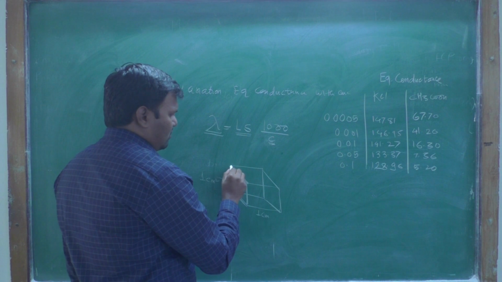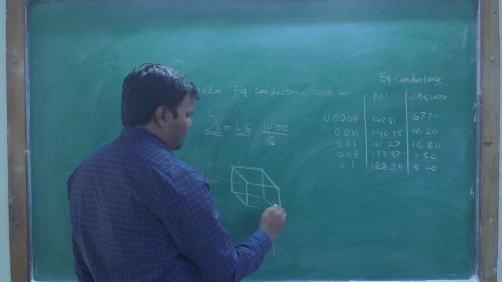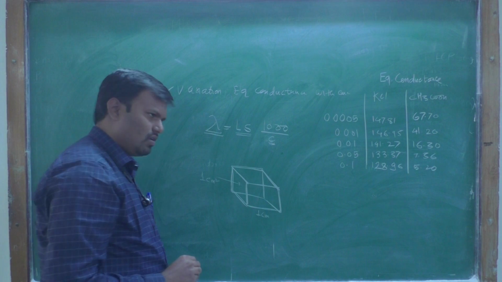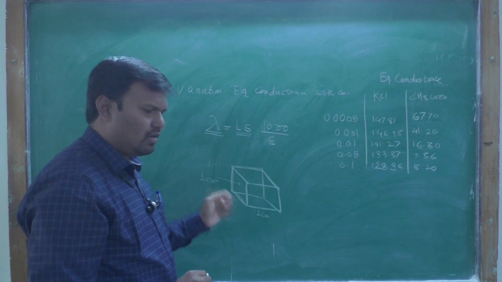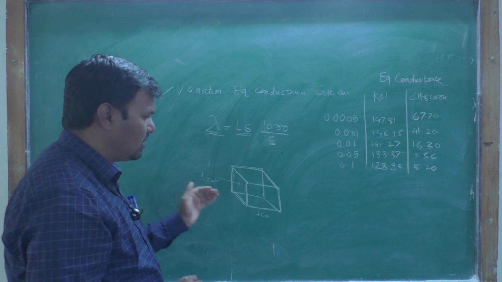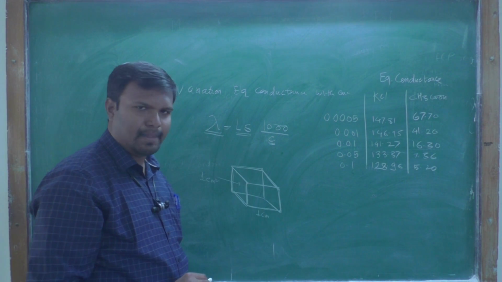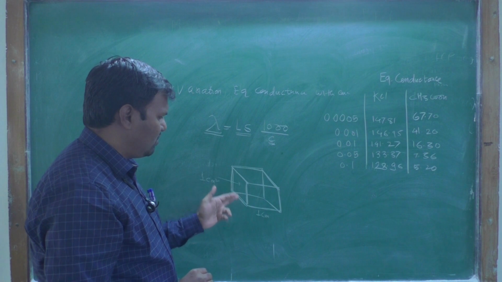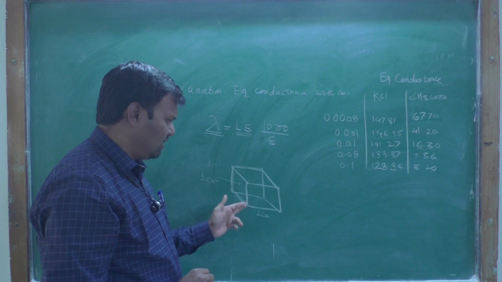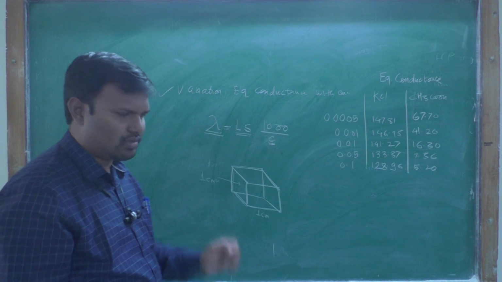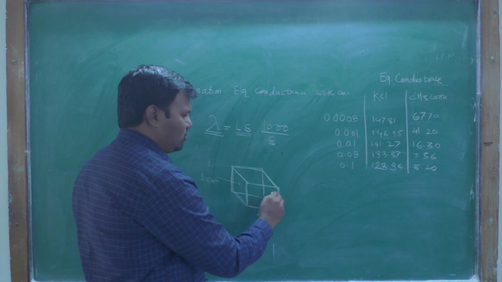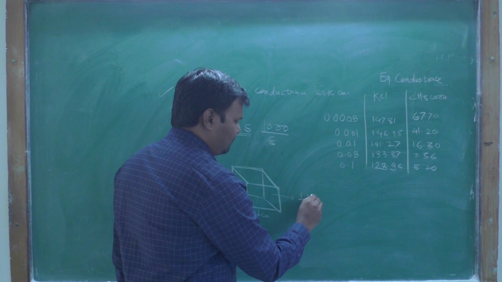In this area, how much conductance is there? If the length is 1 centimeter, and the other distances are also 1 centimeter, therefore the volume of this is 1 ml.